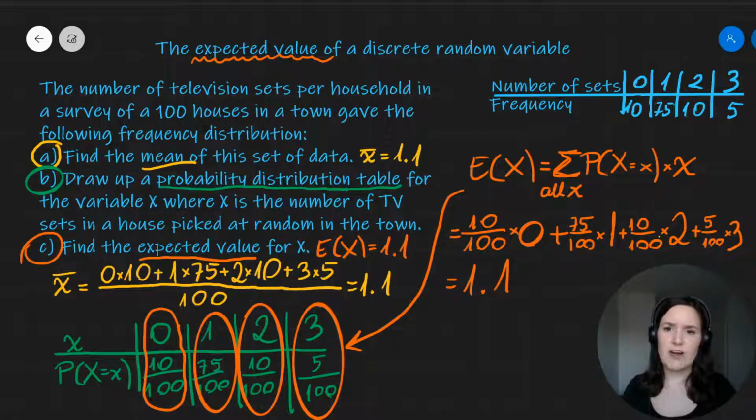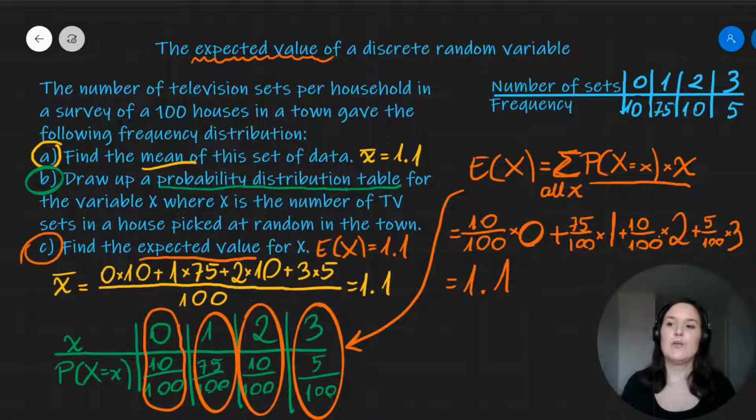Okay, the expected value is the sum of the products, probability times the value. So the calculations for expected value and mean are similar, and the result is the same. The expected value is actually sometimes called the mean of a random variable, and it is just a prediction, what we would expect the average value to be.